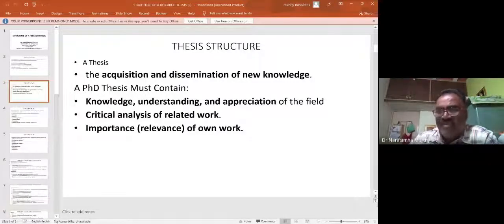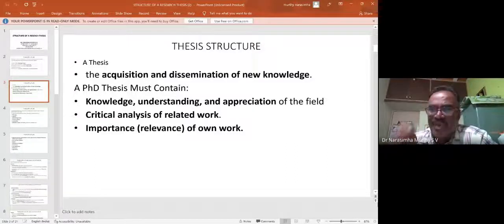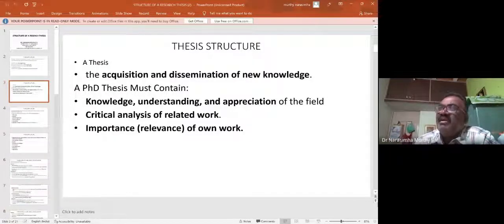So when you take a related work, you apply that theoretical framework and look at it from different angles. Then the most important thing is the importance or the relevance of your own work. This is very significant. So these three things must be clearly visible in any PhD thesis.